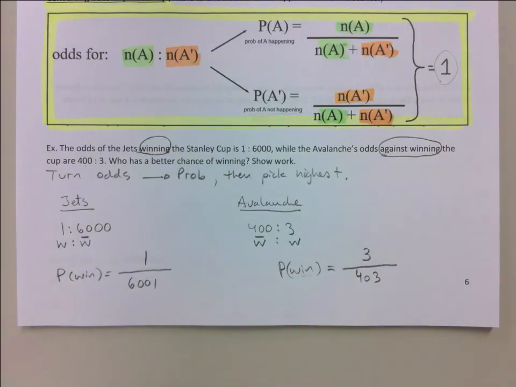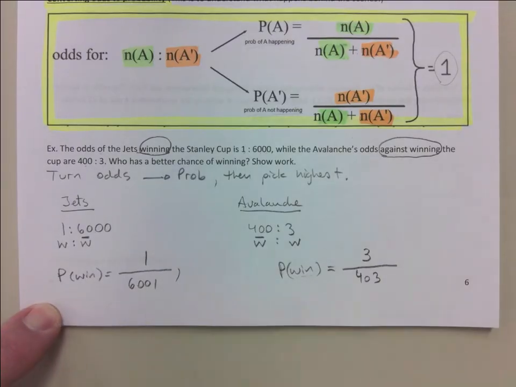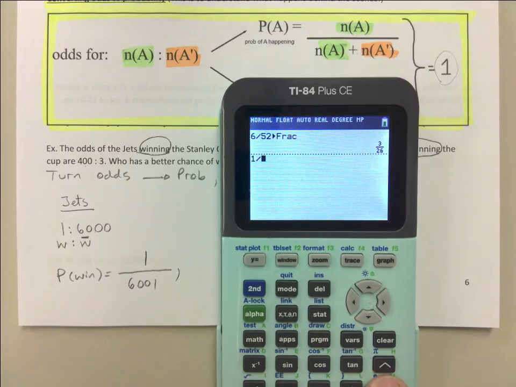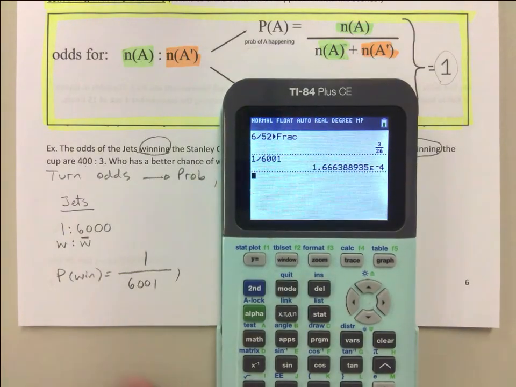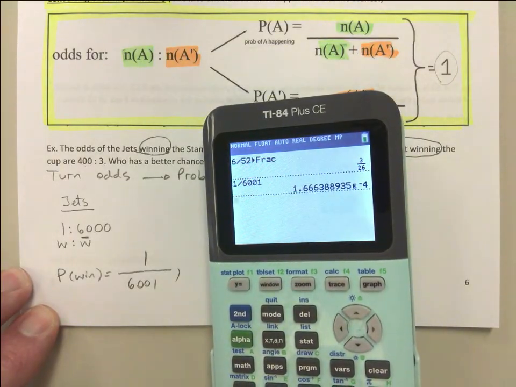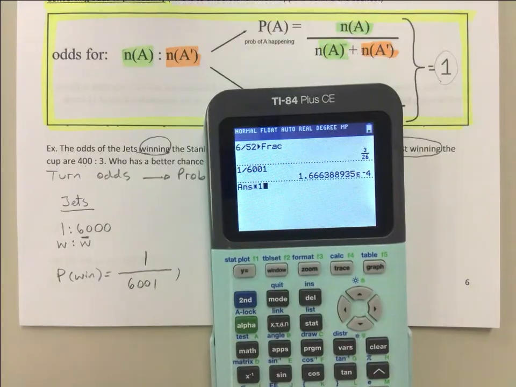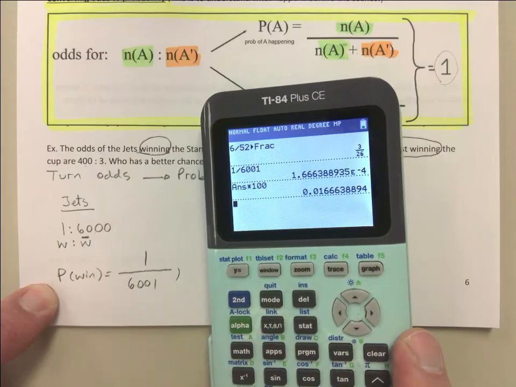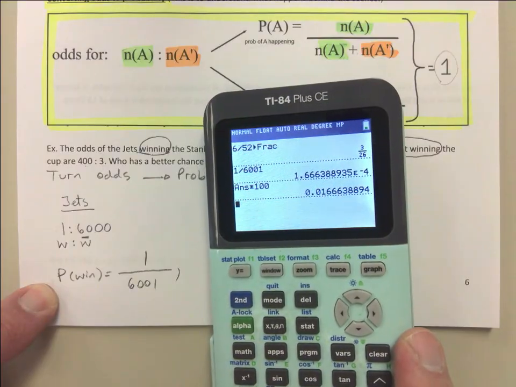Some of you might, but I would say turn it into a decimal or percent. So watch what I'm going to do. I'm going to go 1 divided by 6,001. What's that? It's a very small number. So multiply that by 100. It's 0.02% chance of the Winnipeg Jets winning.